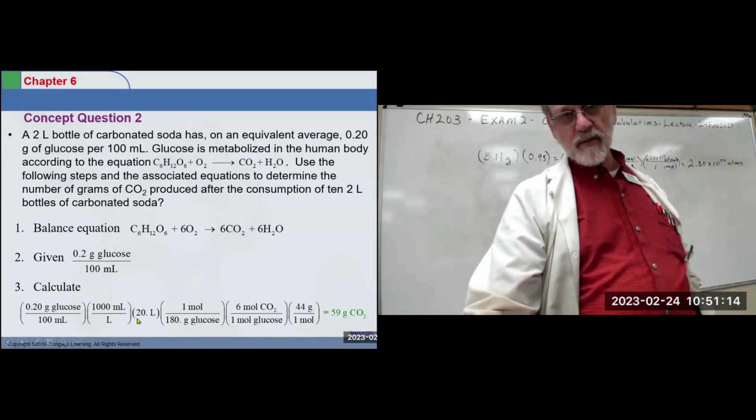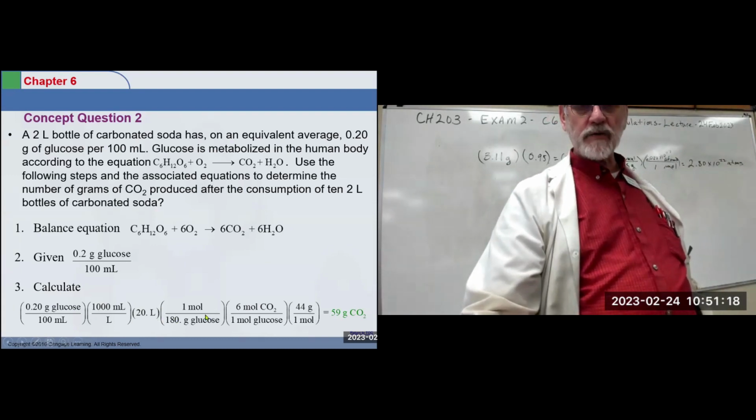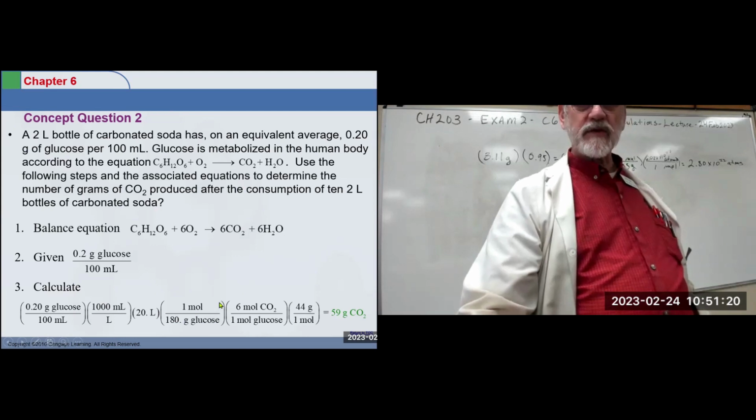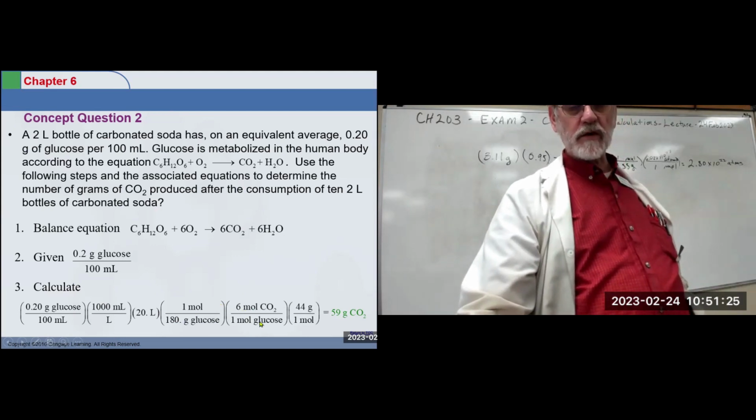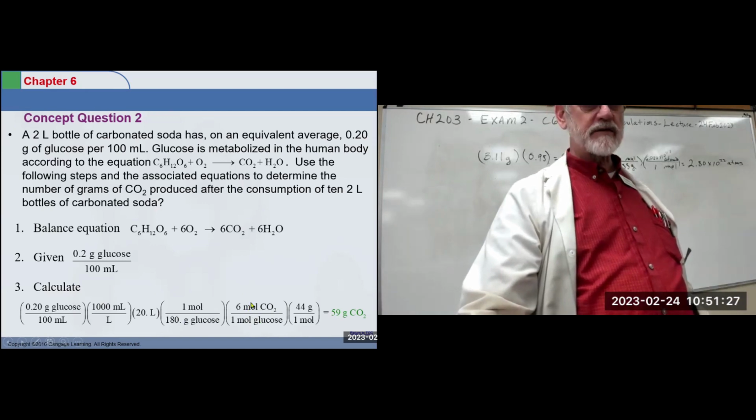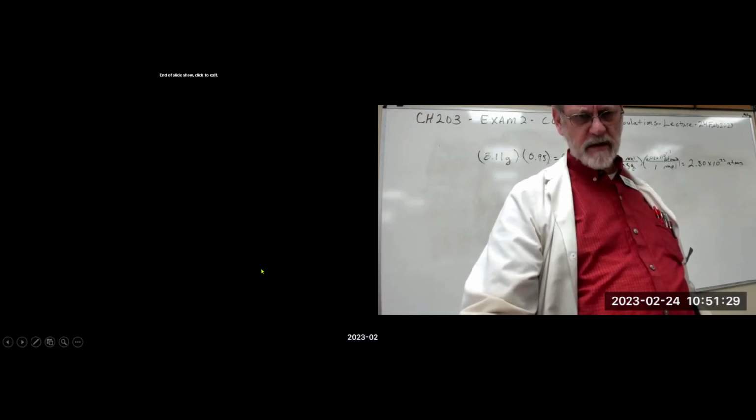This part of the problem would give us how many grams of glucose. Then we convert grams to moles of glucose. And then with the balanced equation, we know that 6 moles of CO2 for every 1 mole of glucose.